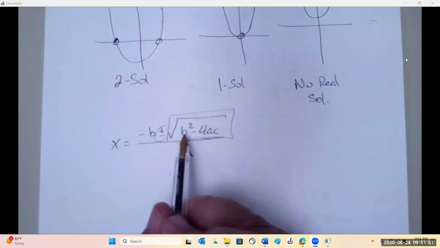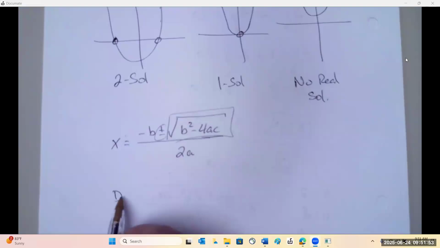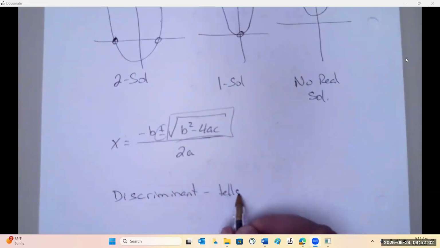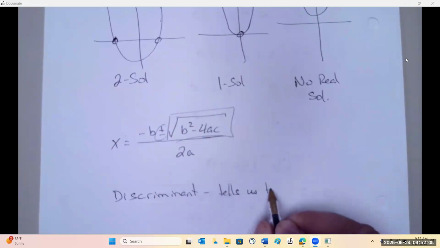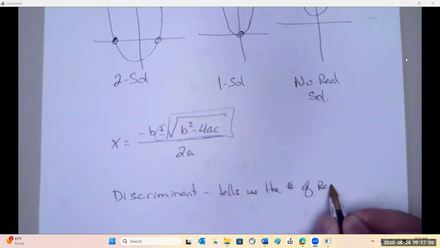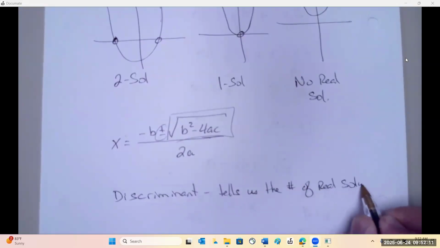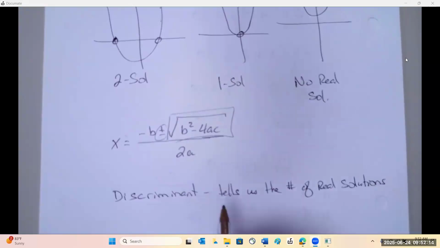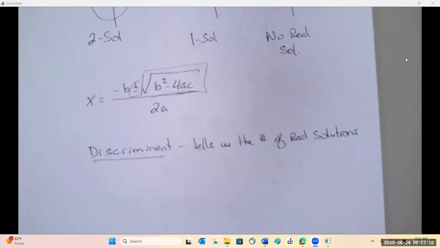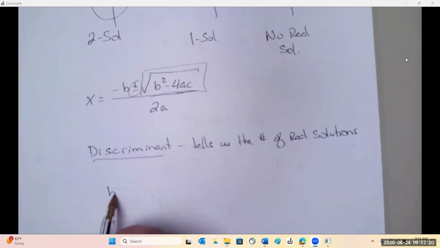So, why is this important? This is called the discriminant. It tells us the number of real solutions. So it's b squared minus 4ac.